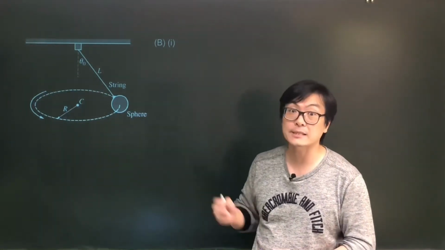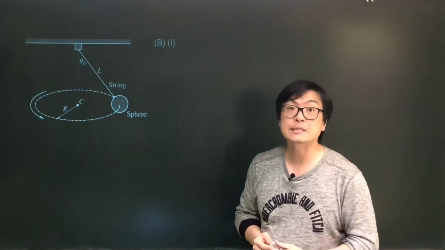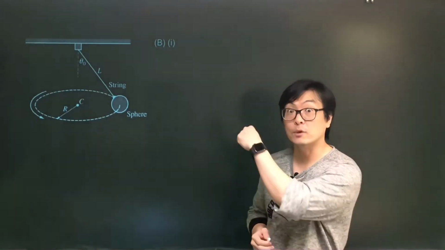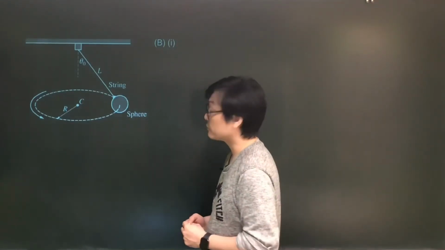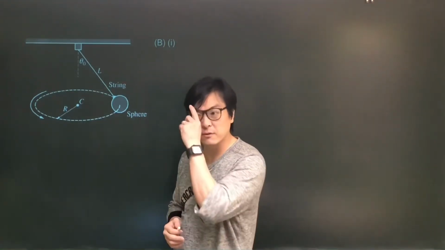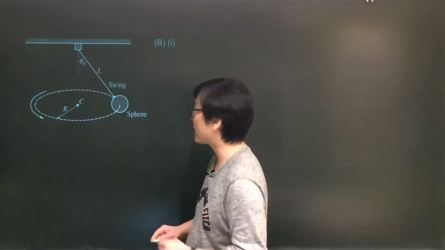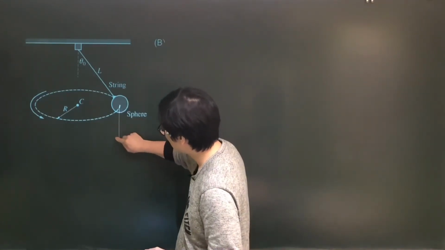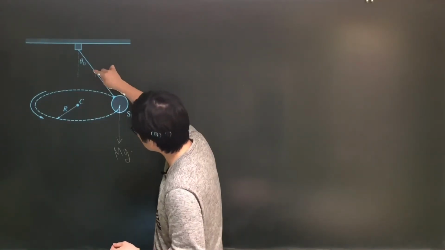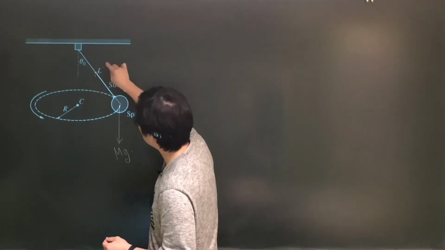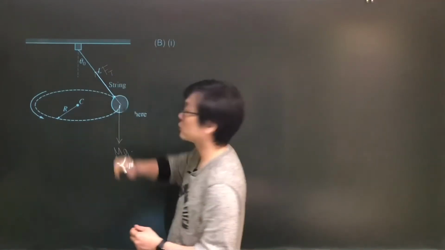So let's start with B1, because for this question, B1 is the quantitative analysis part. B1 asks to find the mathematical expression for the magnitude of the net force of this system. To find the net force, the first step is always starting from the free body diagram. We have mg downward, tension along the string.